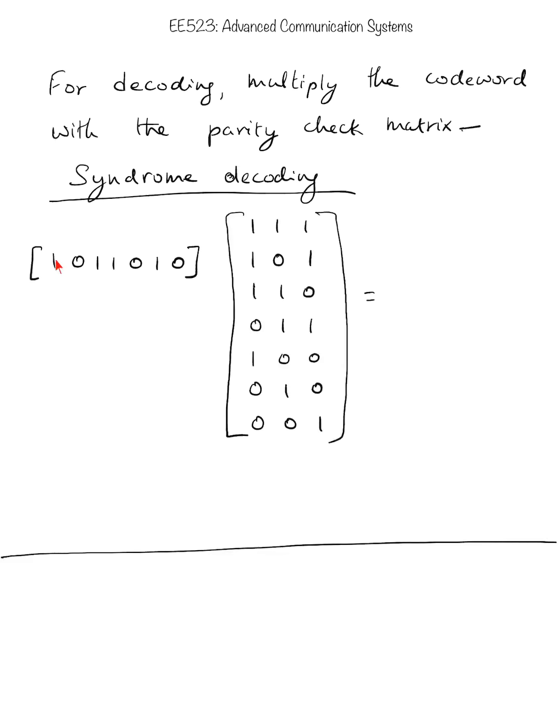So let's do that. 1 into 1 is 1. So 1. 0 into 1 is 0. So we add modulo 2, which is 0. The addition is modulo 2, right? And the third is 1 into 1, which is also 1.